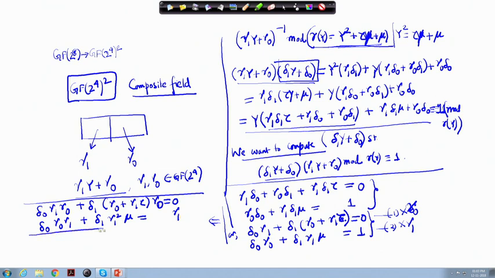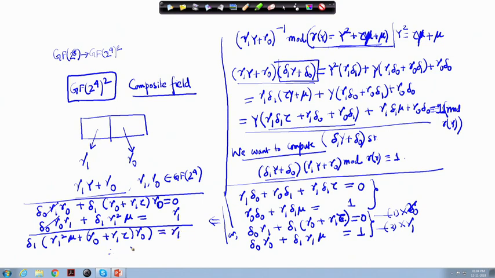So now if I add up these terms, remember it is in GF 2 to the power of 8, so these two terms get cancelled. I have gamma 1 square mu plus gamma 0 plus gamma 1 tau, multiplied with gamma 0, and I have taken delta 1 common. Finally I get gamma 1 on the right side.